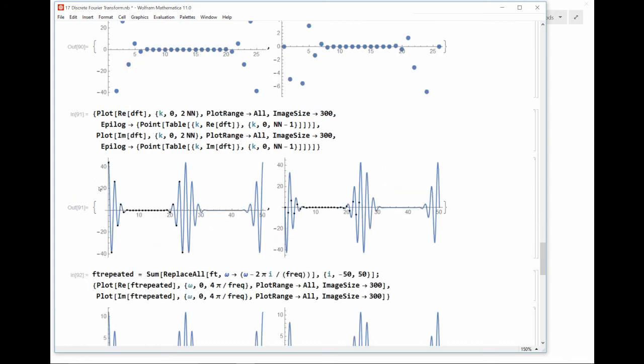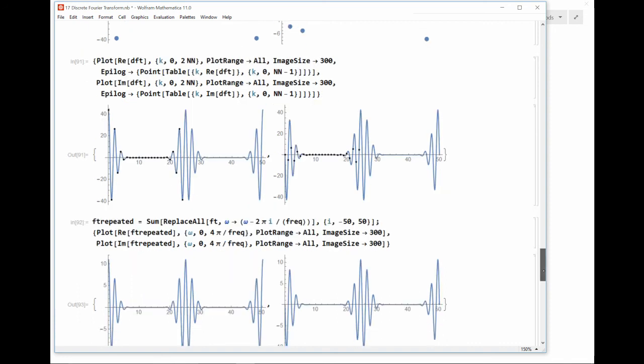Otherwise the discrete Fourier transform samples the periodized Fourier spectrum in a way that it goes from 0 frequencies to very high frequencies, and then this part, which should have been repeated on the negative side, is actually sampled in the space of very high frequencies. That's something that you should be aware of.